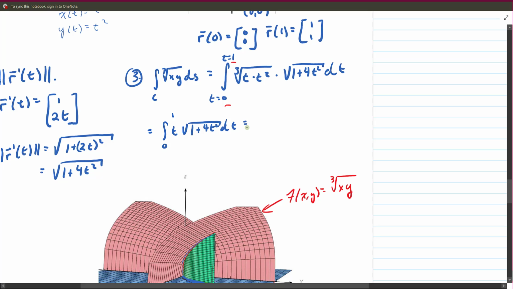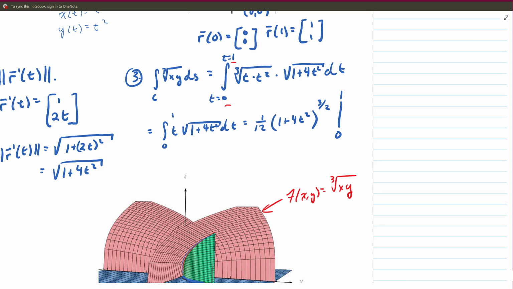We'd have an 8t, so we need to divide by 8, and then 2/3. So I think this comes out to be 1/12 times 1 plus 4t squared to the 3/2, evaluated from 0 to 1.